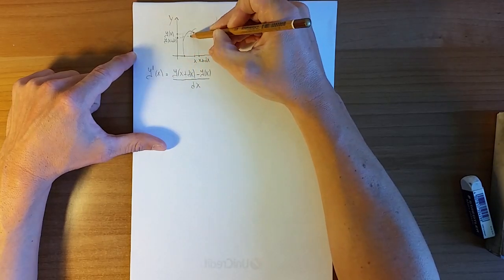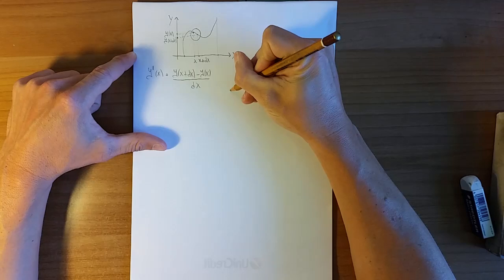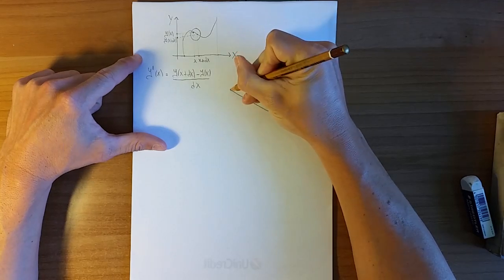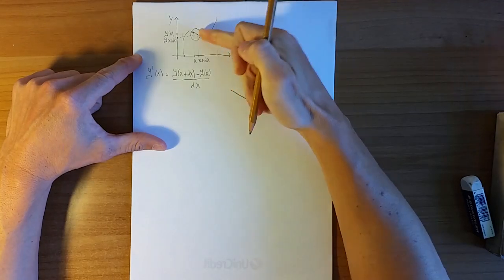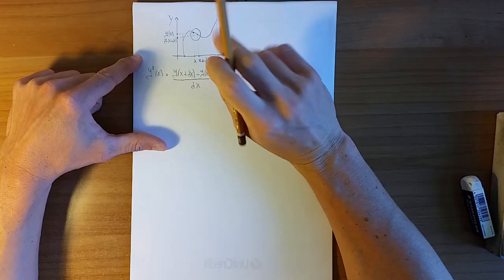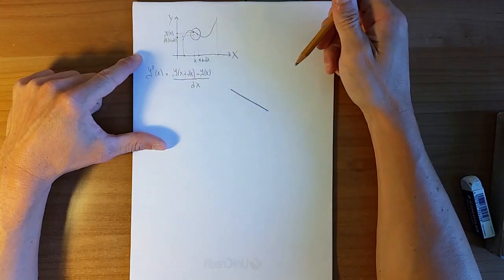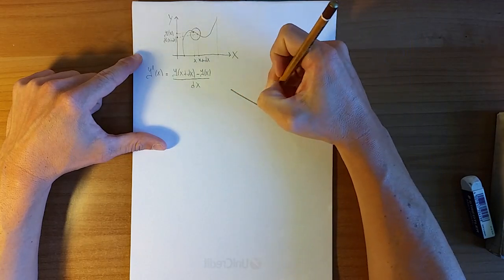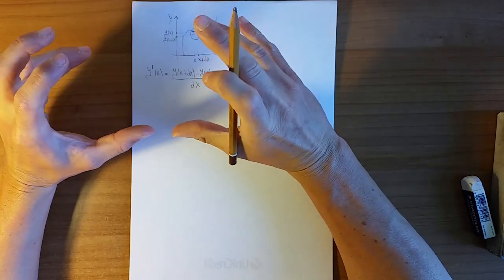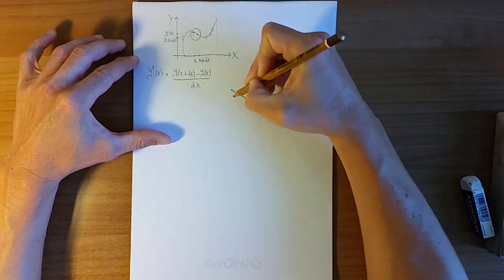So if we enlarge this portion of the plot, let me redraw it here, I can draw something like this. This is a small piece of this curve, and when we move to the infinitesimally small, this line here is not a curvy line, and it can be approximated very well by a straight line, because we are moving towards the infinitesimally small, so every small piece here can be approximated by a very small line.